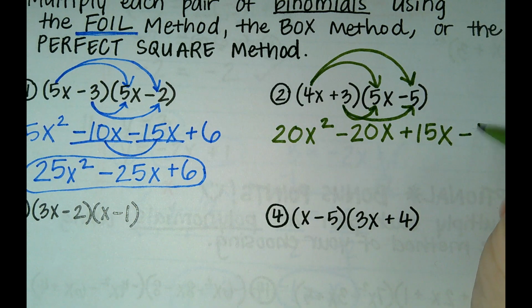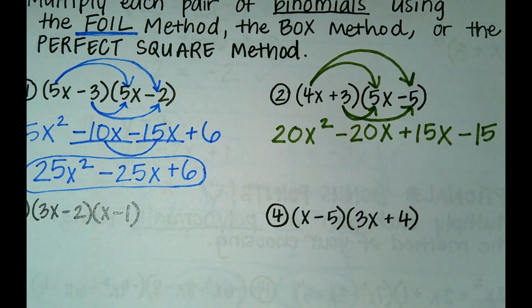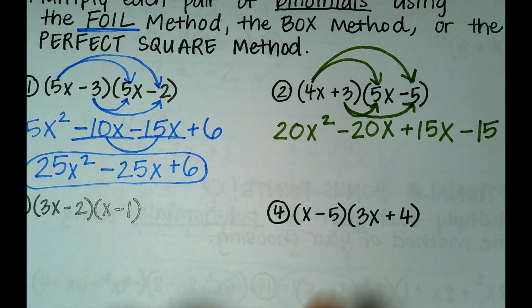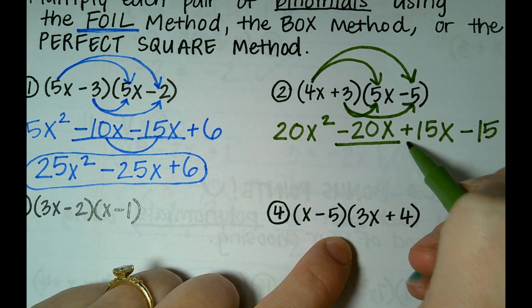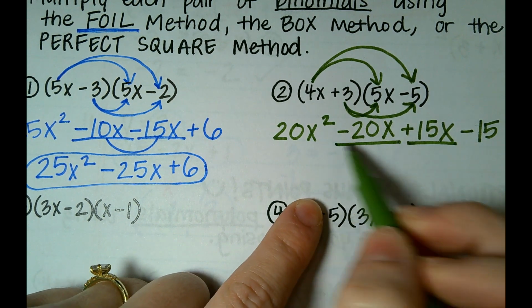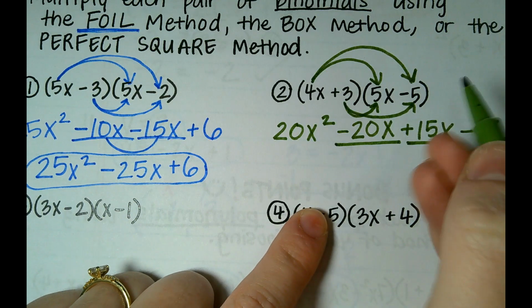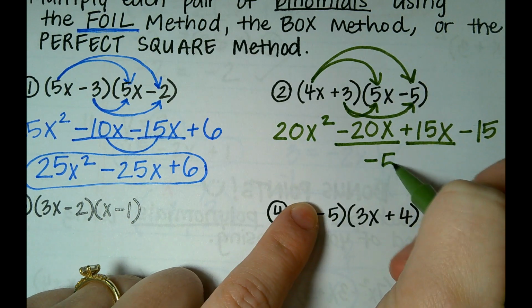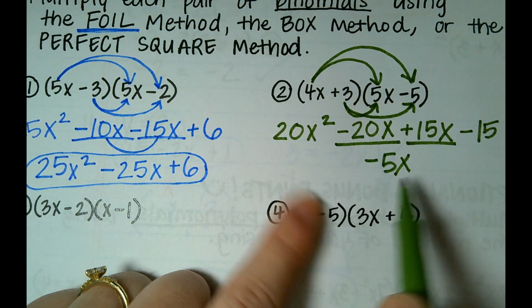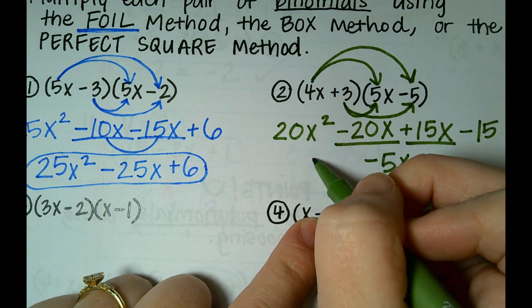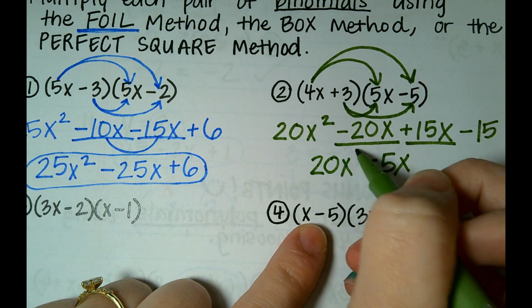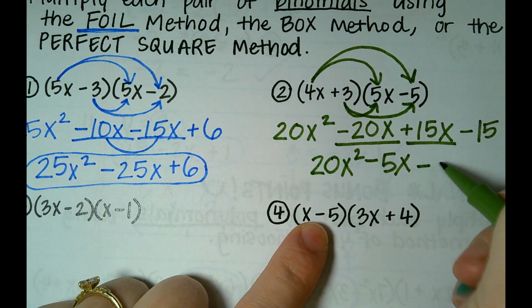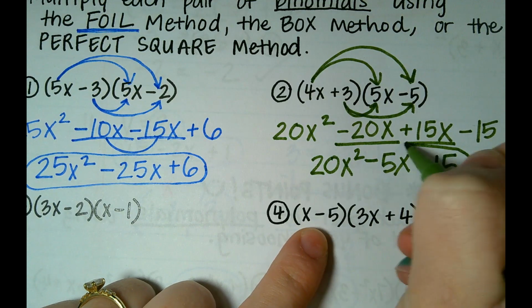Yes, it is. 3 times negative 5 is negative 15. Good. My two middle terms are like terms. What is negative 20x plus 15x? Negative 5x. Then we'll bring everything down. 20x squared minus 5x minus 15. And that's our answer.